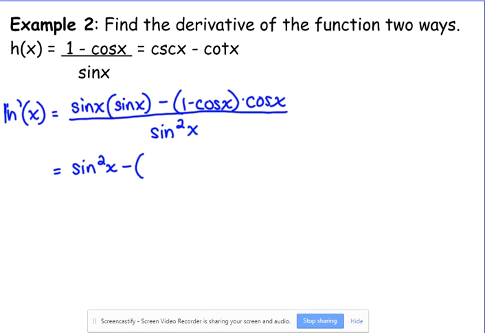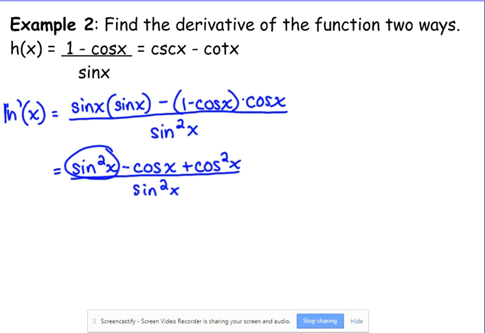Let's just look at that as distributing a negative cosine. Distributing a negative cosine here would give us negative cosine of x. Negative cosine times negative cosine is positive cosine squared. Okay, we've got sine squared plus cosine squared. We can put those together to give ourselves 1.